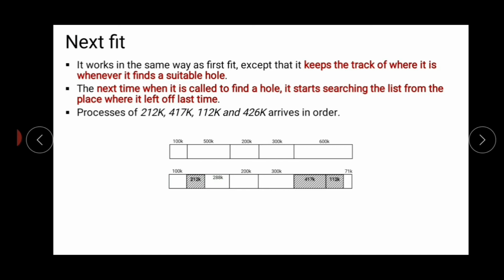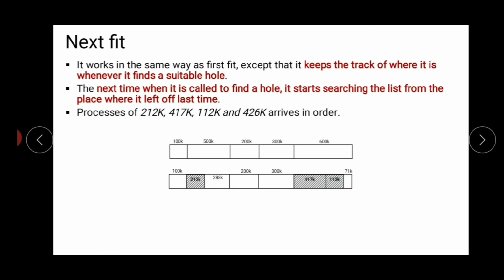The next process that comes is 417k, and then the search will begin from here, not from the starting point. The next block it finds is 600K, and this process will be allocated to that particular block, and the rest of the memory will be free.